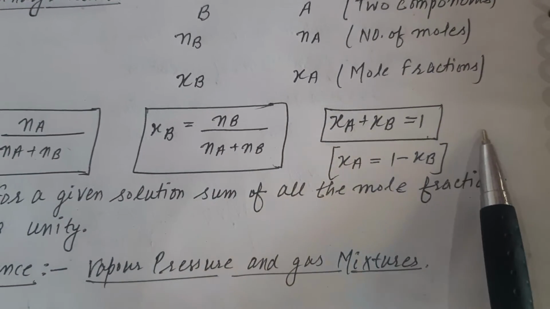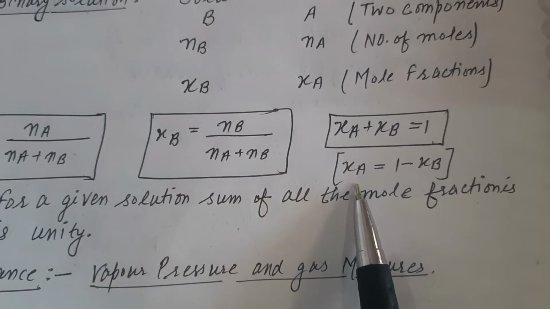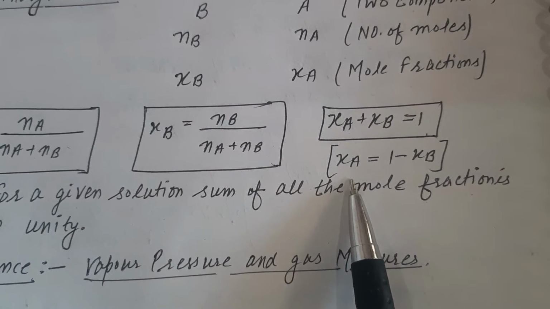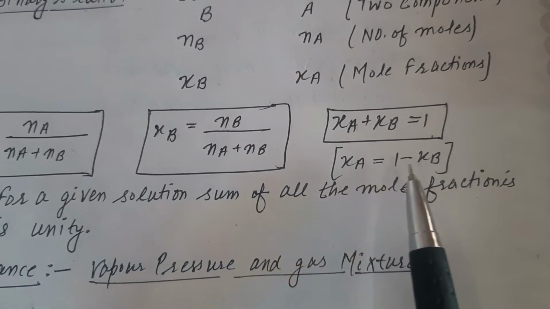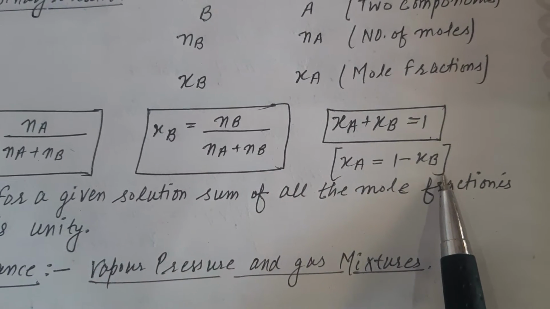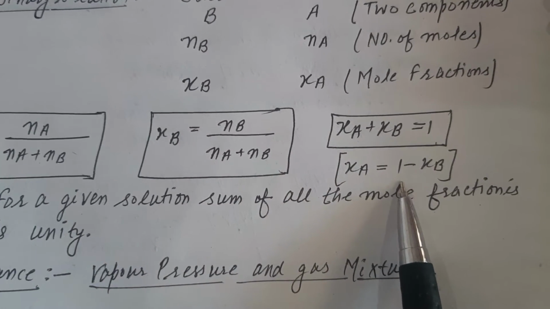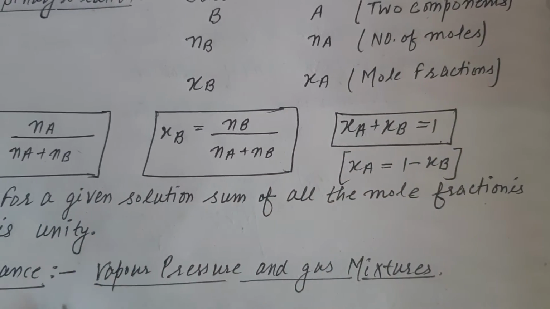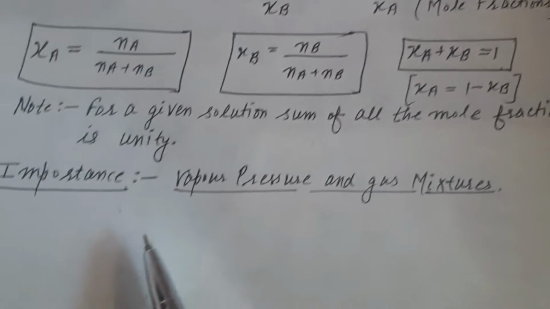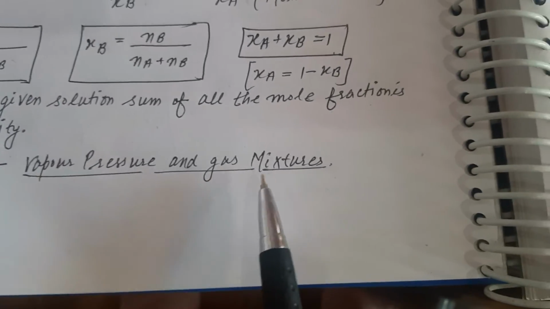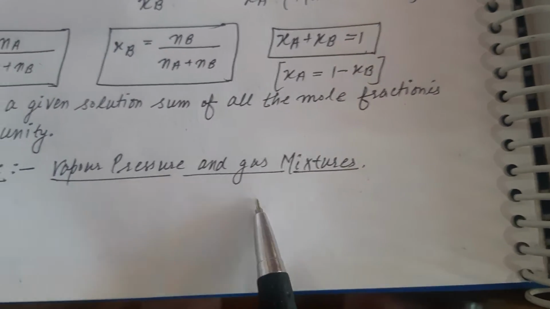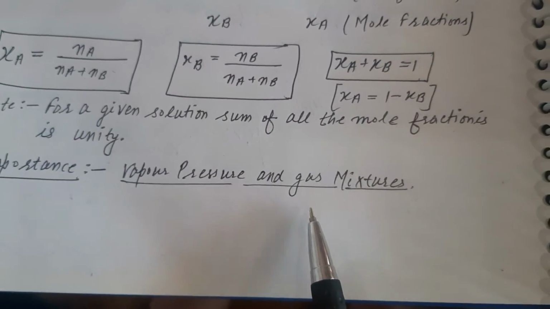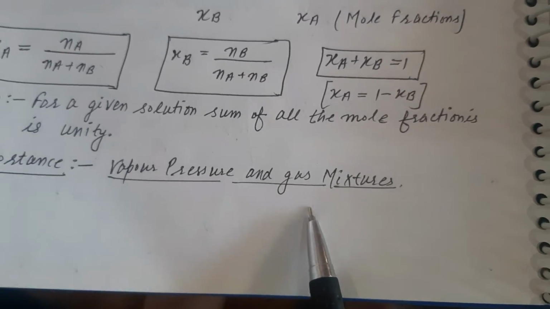So we can calculate the mole fraction of A, the solvent, by subtracting the mole fraction of solute from 1. Importance of mole fraction: in vapor pressure and gaseous mixtures, we generally use the term mole fraction. We will discuss it later.